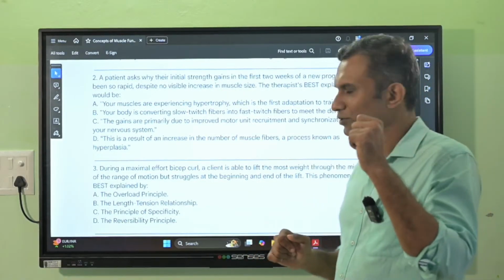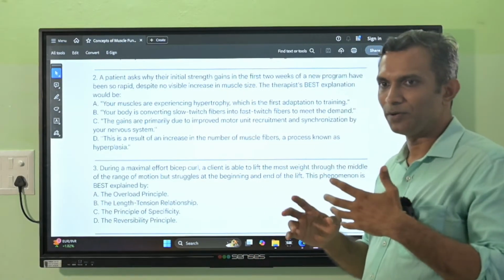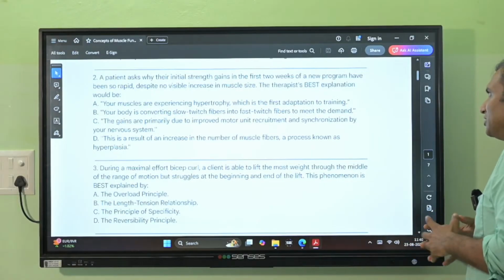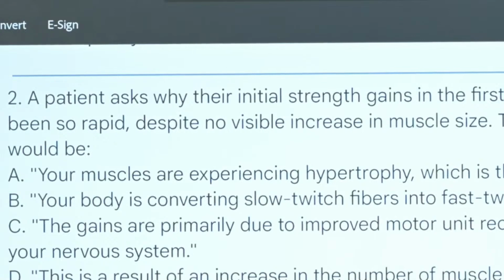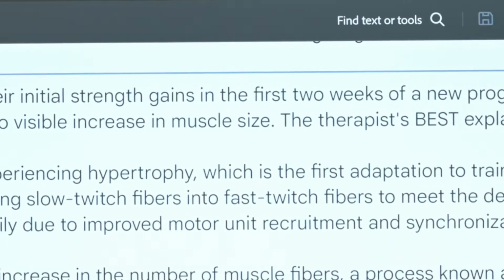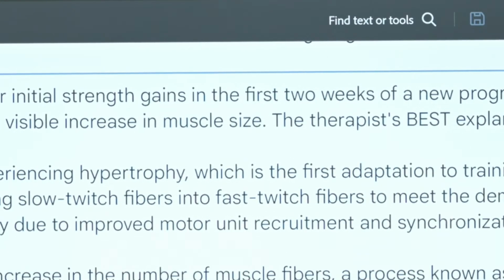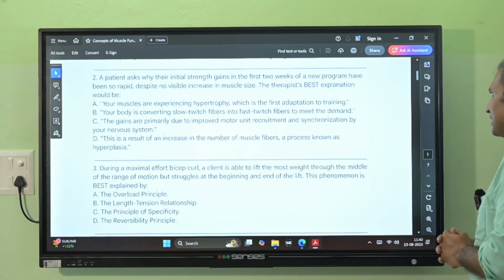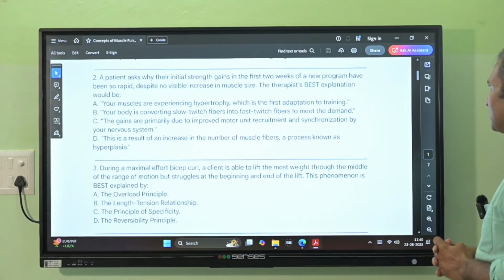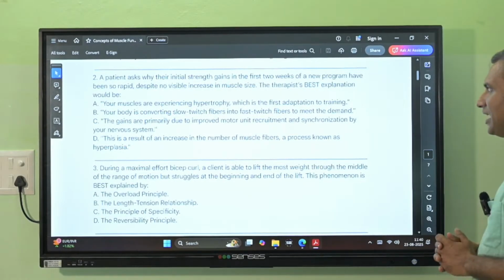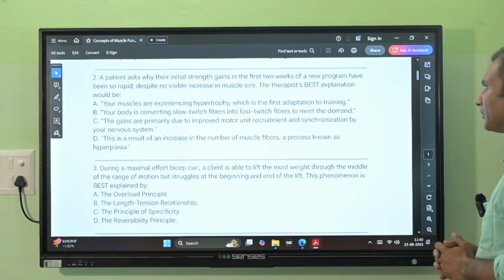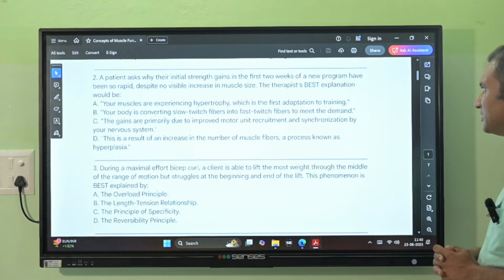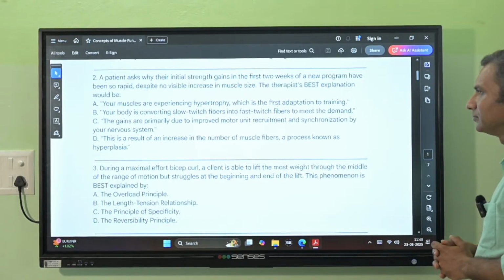Okay, so to make it more visible to you, I'll just move back. A patient asks why their initial strength gains in the first 2 weeks of a new program have been so rapid, despite no visible increase in muscle size. The therapist's best explanation would be: A. Your muscles are experiencing hypertrophy, which is the first adaptation to training.